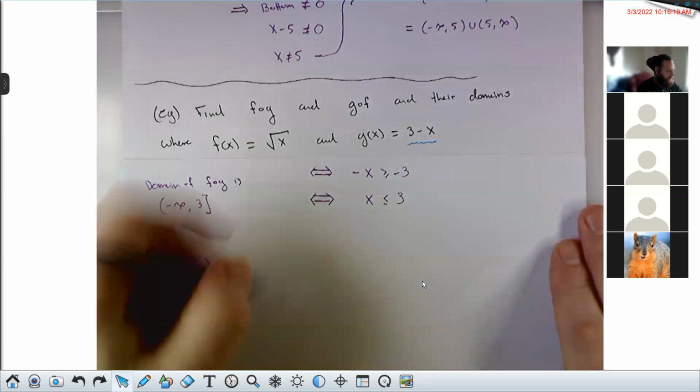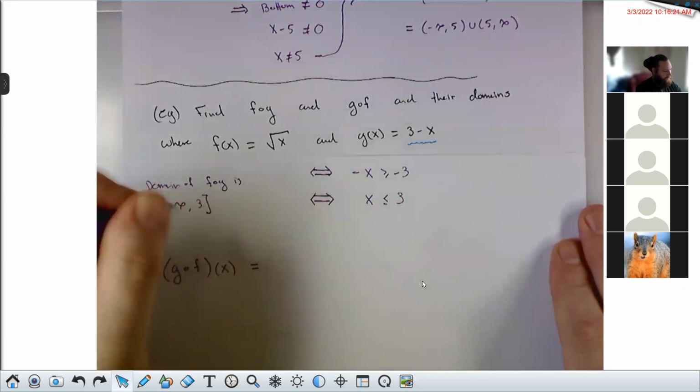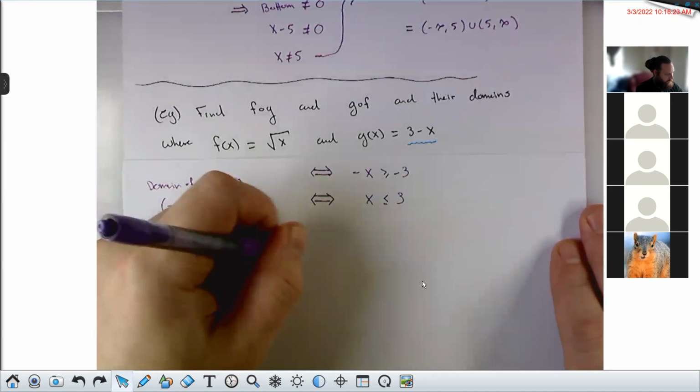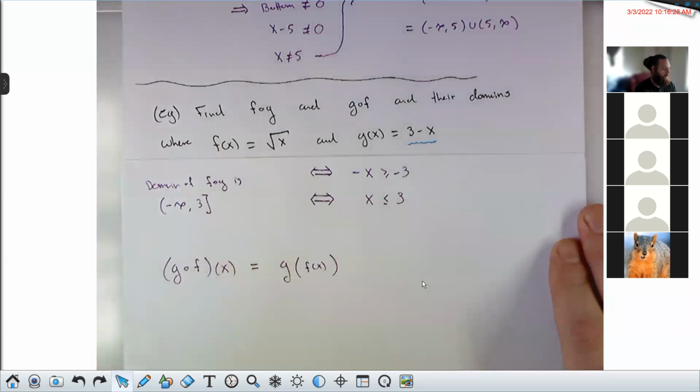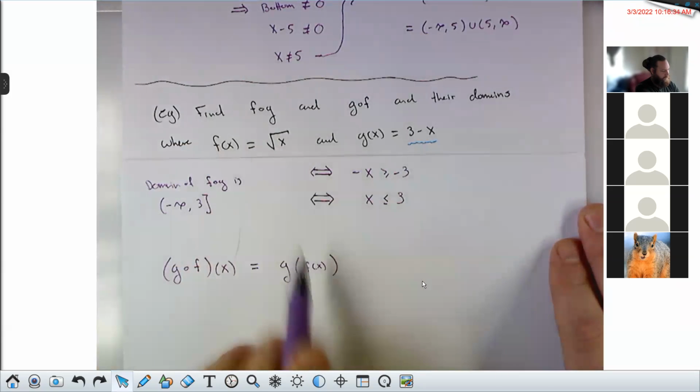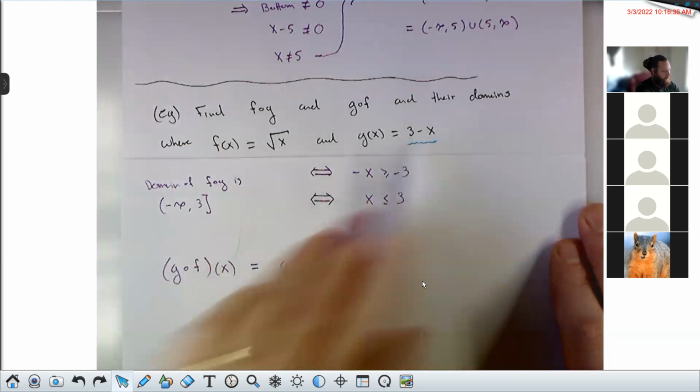So when I compose in this order, G of F of X, well, that's G of F of X, like this. Now the inside function is the square root, and the outside function is 3 minus x.